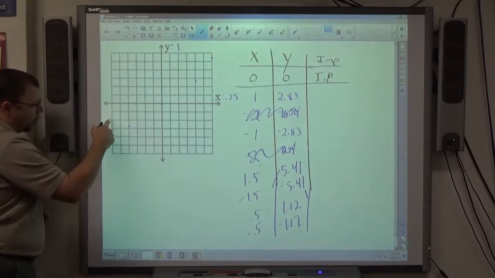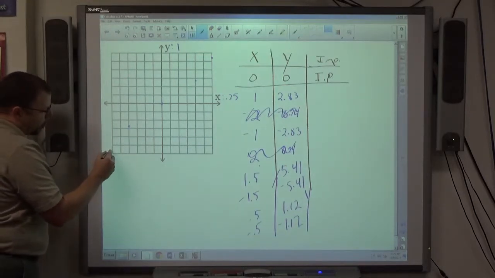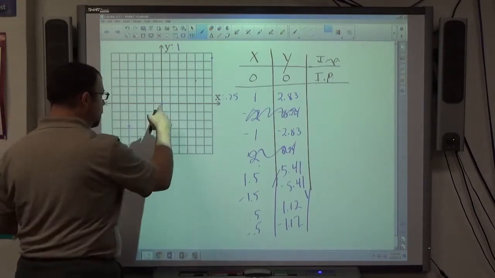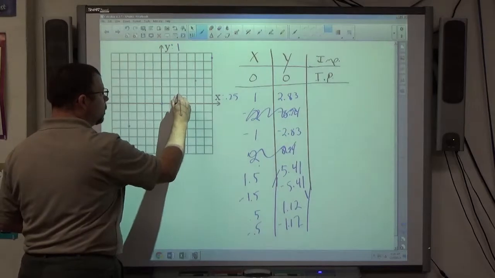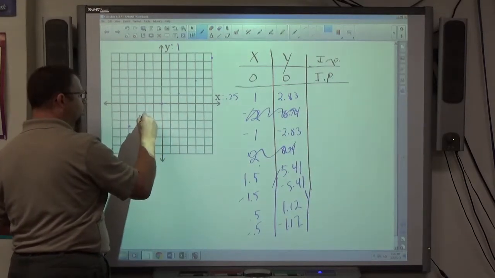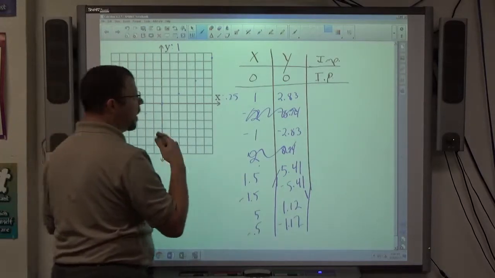Negative 1.5, 5.41 would be about here. 0.5, 1.12, negative 0.5, 1.12. Okay, I got some dots there.